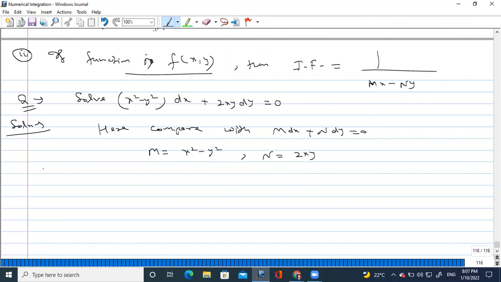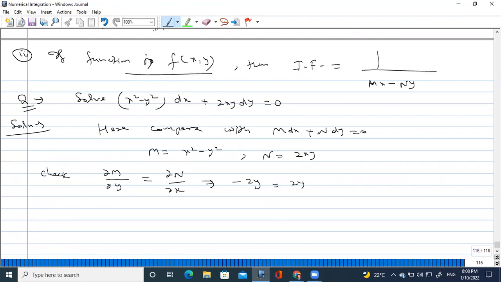Now check ∂M/∂y equal to ∂N/∂x. This implies ∂M/∂y will become minus 2y, equal to ∂N/∂x, which will become y.